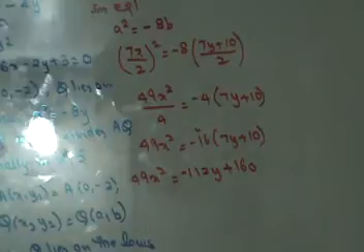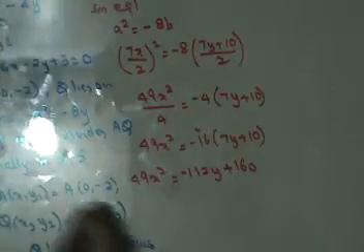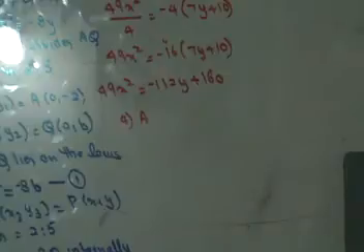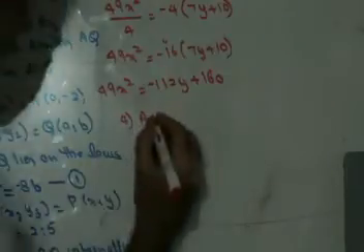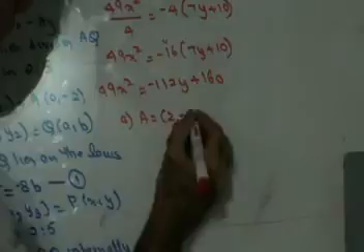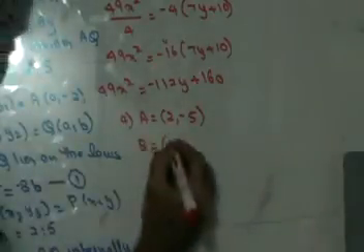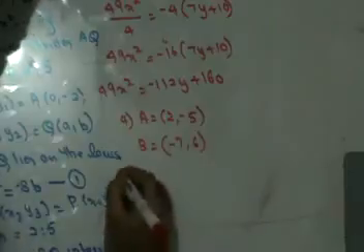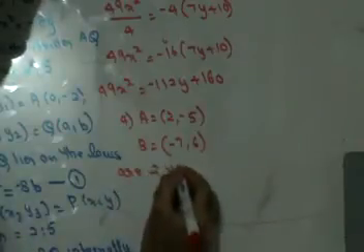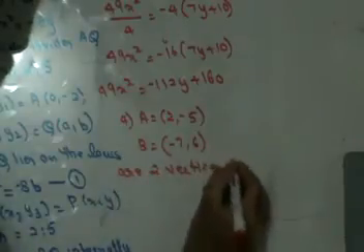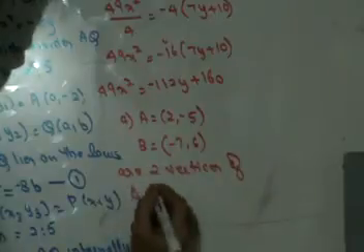Let's move on ahead, guys. A is (2, minus 5). B is (minus 7, 6). These are two vertices of a triangle.